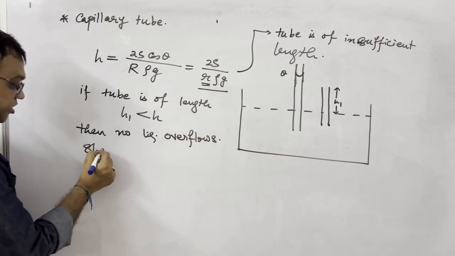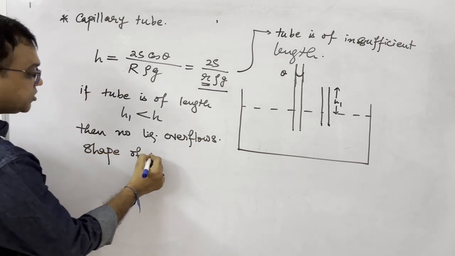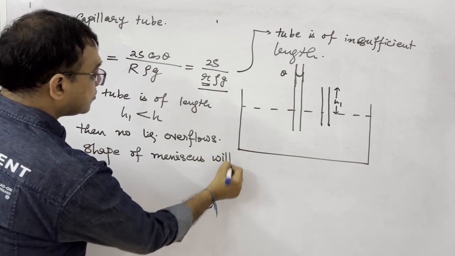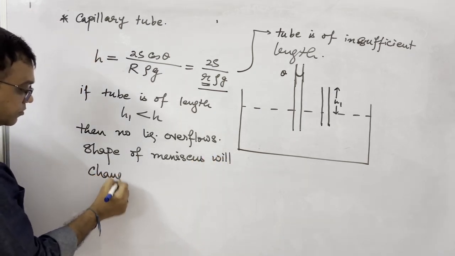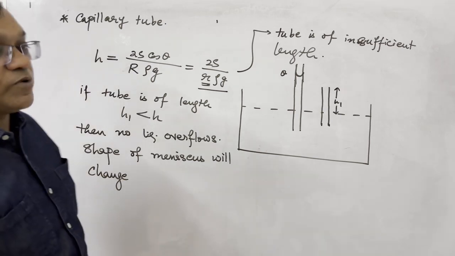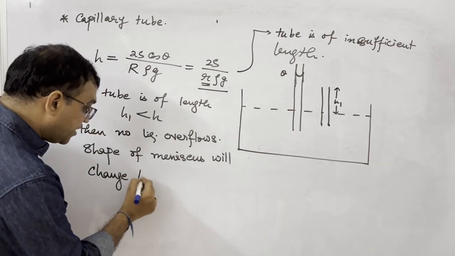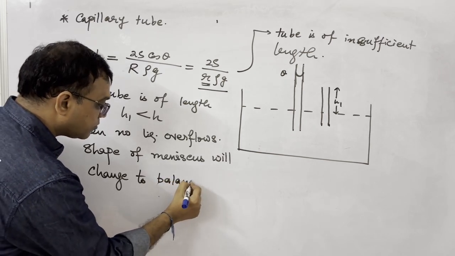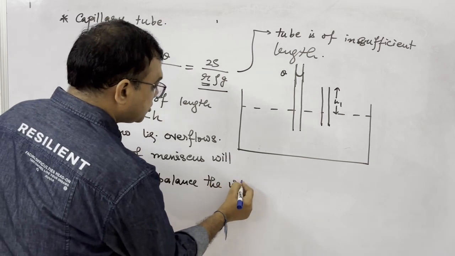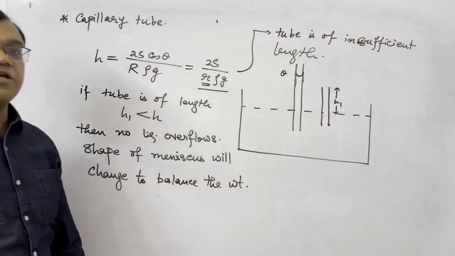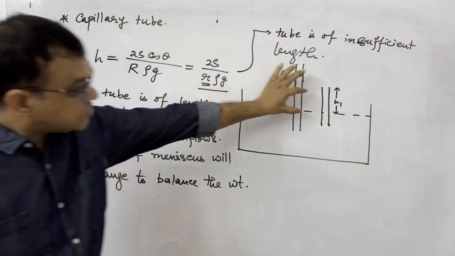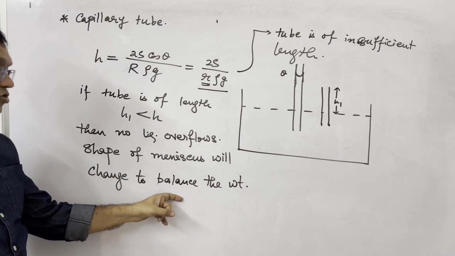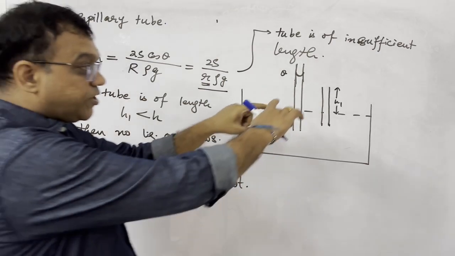Rather, the shape of the meniscus will change. The shape of the meniscus will change to balance the weight of the liquid in the tube above the liquid level here, to balance the weight. Try to understand this. Liquid won't come out.